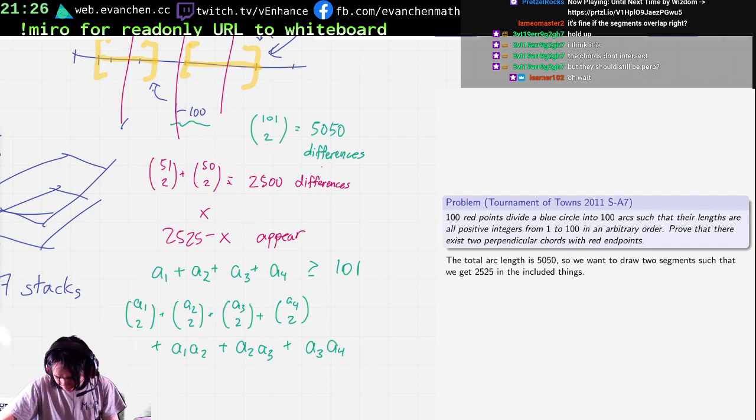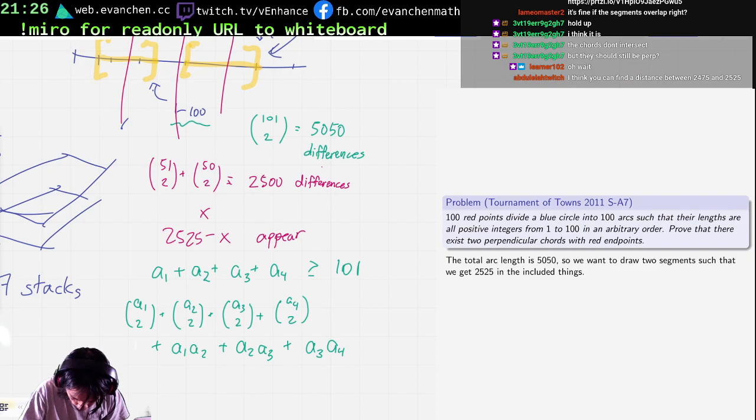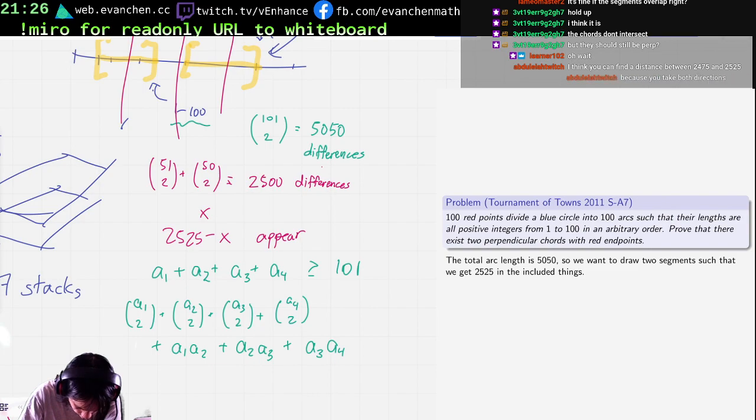Okay, here. Let's try the following thing. For each red point, we can imagine we cut the circle at a red point. And let's be mathematicians and always go counterclockwise, so I don't confuse the heck out of myself. You can go both ways. Yeah, cool.